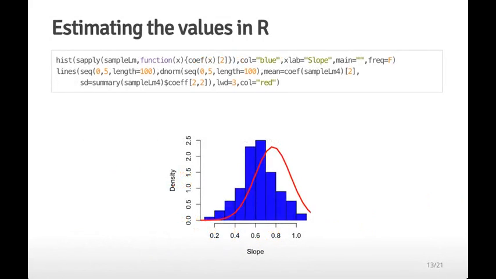But just to get an idea of what this looks like, this is the distribution of slopes that we would get if we ran the study 100 different times. And then this red line here is the distribution that we estimate, the normal distribution that we estimate, using the estimated slope from the one subsample data set and the estimated variance that we get from that subsample data set.